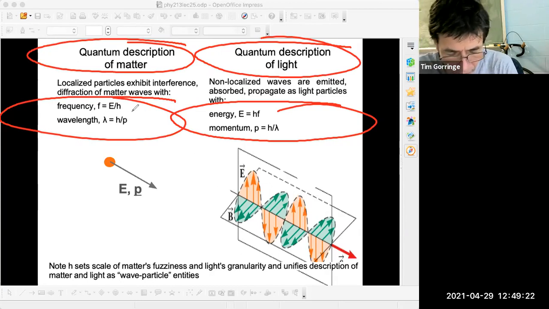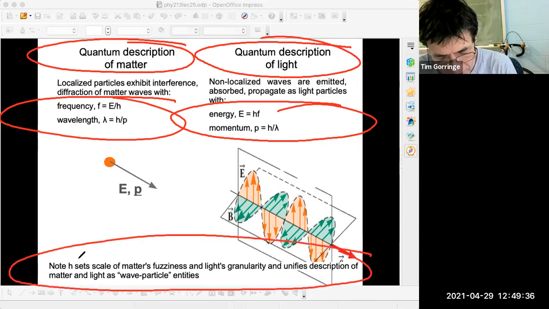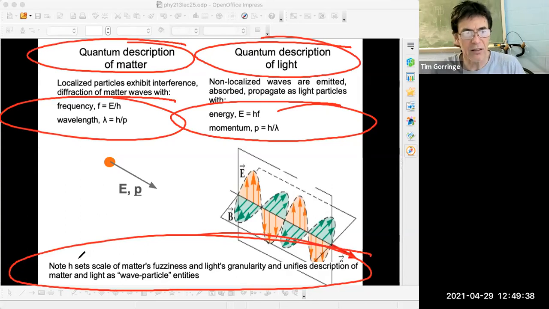And so this pair of equations on the left is what de Broglie introduced. Remember, this pair of equations over here on the right is what Einstein introduced. And again, this is a synthesis of matter and light into a common framework for imagining these entities, matter and light, where they both have wave and particle-like properties.